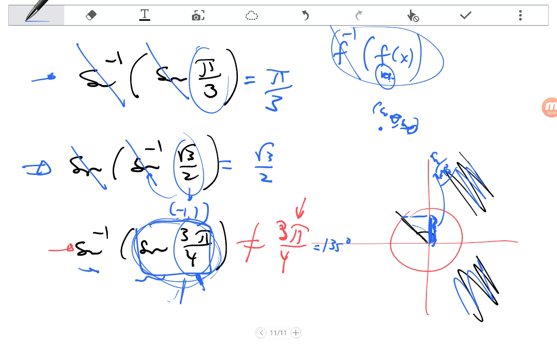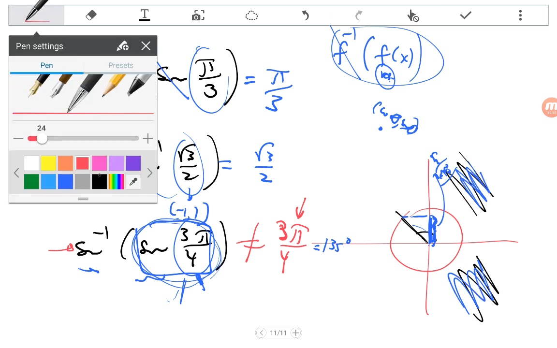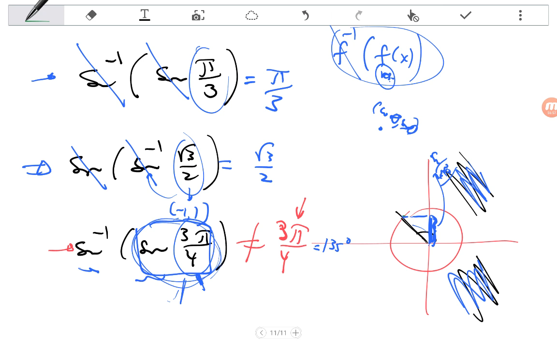I need to find an angle which has a similar sine, but in either this quadrant or this quadrant. What angle has an exactly equal sine? This angle. Yes, 45.